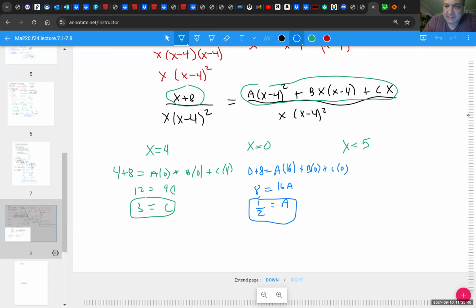And then my last thing right here, x equals 5. We'll find my last number, my b, excuse me, I already know c. So I'm going to stick 5 into the equation. I get 5 plus 8 on the left-hand side. On the right-hand side, I'm going to get a times 1, because 5 minus 4 is 1, squared is 1.